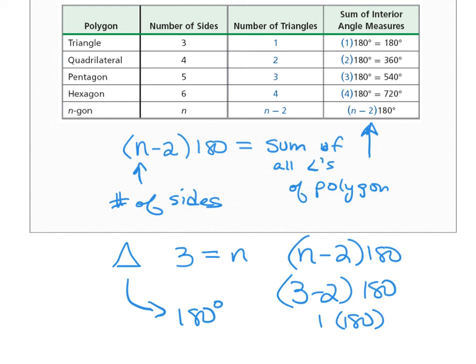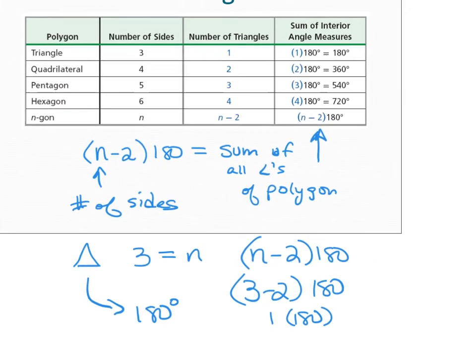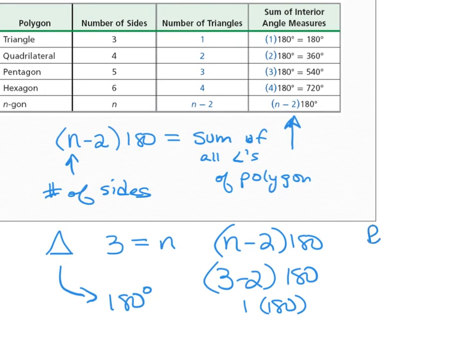And I can use this formula for any polygon. Let's say, again, it's that pentagon. Pentagon, you need to memorize, has 5 sides, so n equals 5. So I'm going to do n minus 2, so 5 minus 2 times 180.